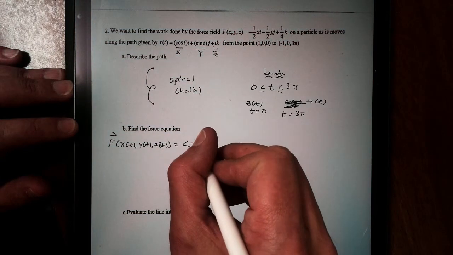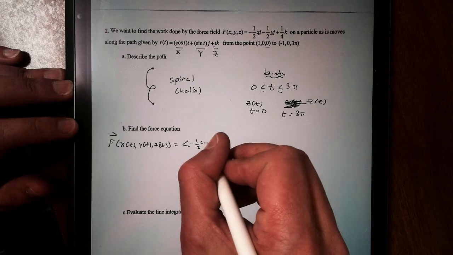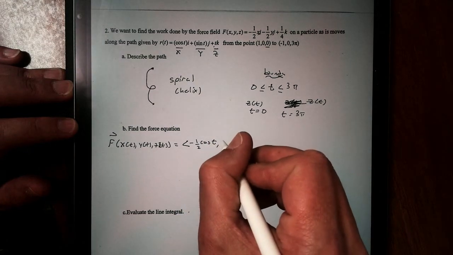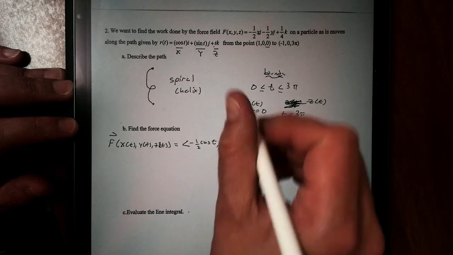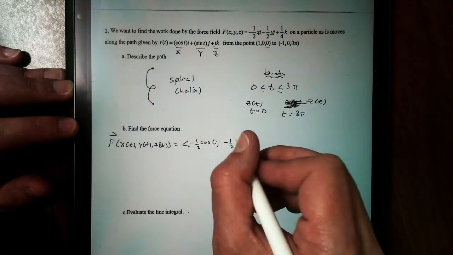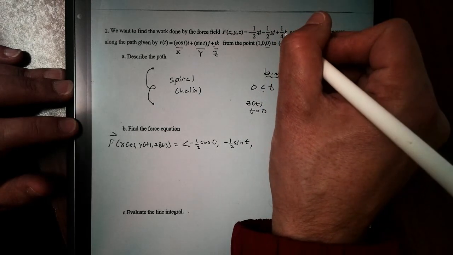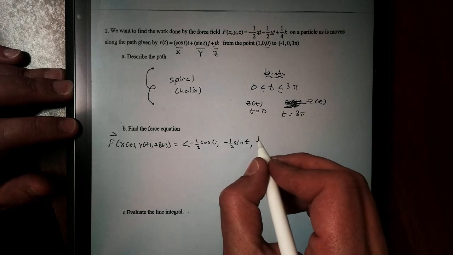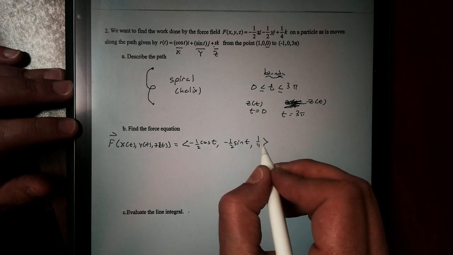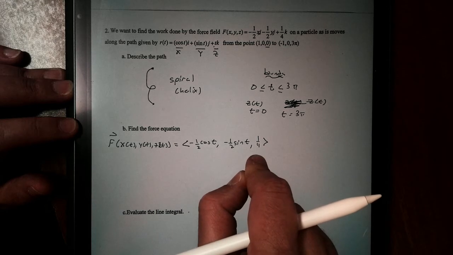This becomes negative 1/2 x, which is cosine of t. The next one is negative 1/2 y, well, we're told y is sine of t, comma, and that 1/4, that's my z component, but it's not in terms of t, so I can just leave that as 1/4. And there we go. There's our force equation as a parametric now.